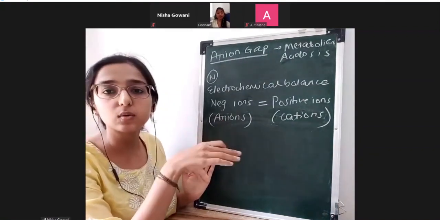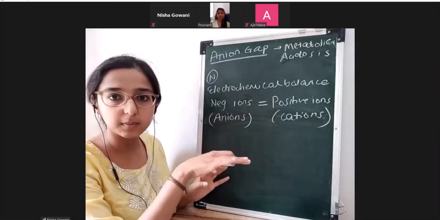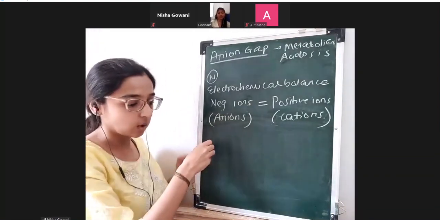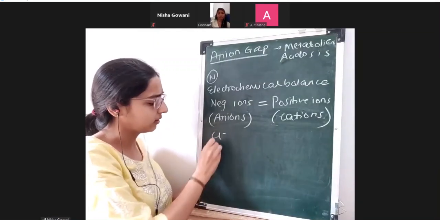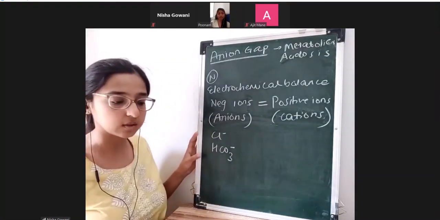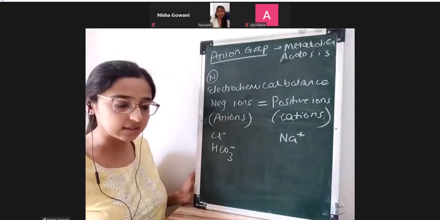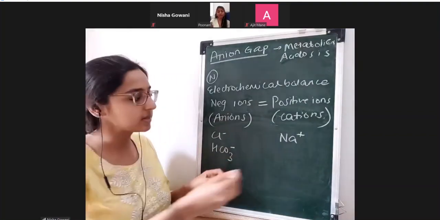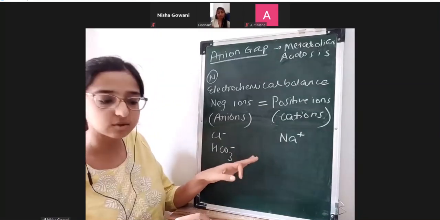So whenever we do serum electrolytes or ABG, there are certain ions which we are able to measure in the routine labs. On the negative side, we have chloride and bicarb. The positive one that we usually measure is sodium. There are others also: potassium, magnesium. But most commonly what we look at in the serum electrolytes is sodium.